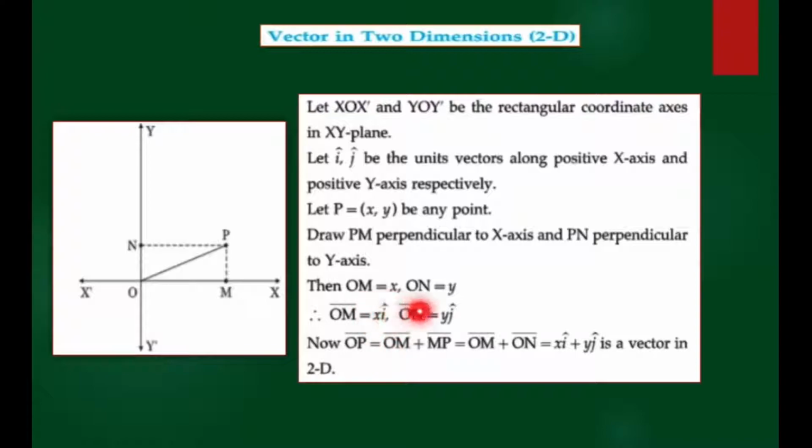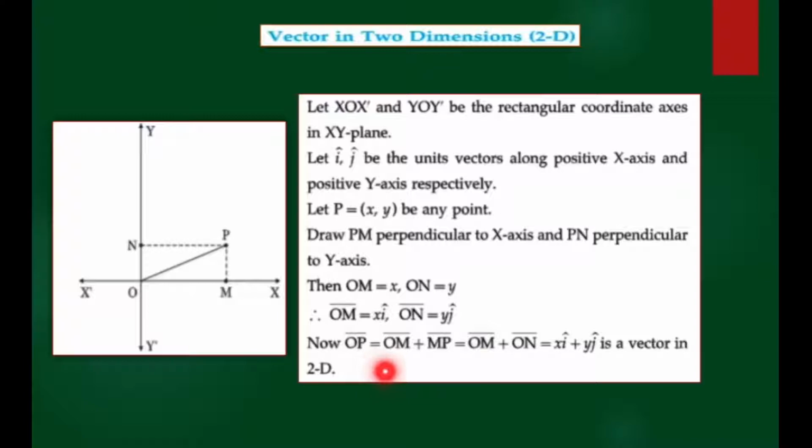So OM equals x, ON equals y, and the unit vector along the x axis is i cap. So we write vector OM as x i cap, and the unit vector along the positive y axis is j cap, so vector ON can be written as y j cap.